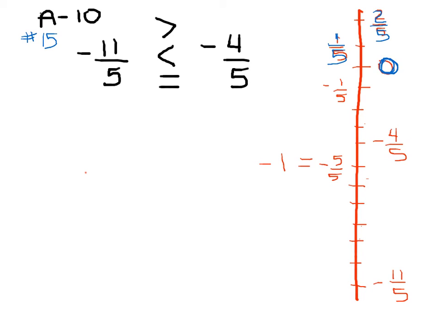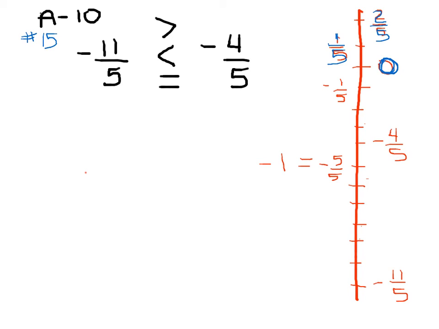So 0 is greater than negative 1 fifth, and 1 fifth is greater than 0, and 2 fifths is greater than 1 fifth. Therefore, negative 1 fifth is greater than negative 4 fifths. This would be like owing somebody 20 cents, and this would be like owing somebody $1. So I have more money if I owe somebody 20 cents than if I owe somebody $1.